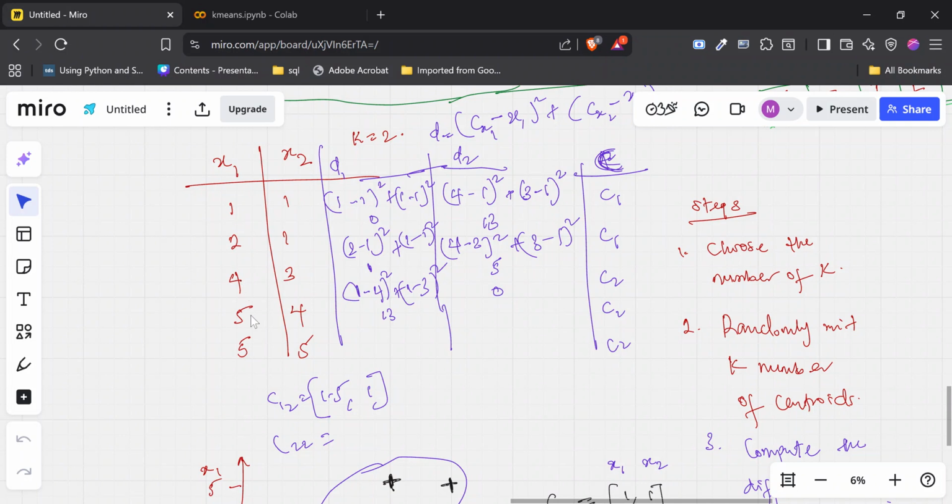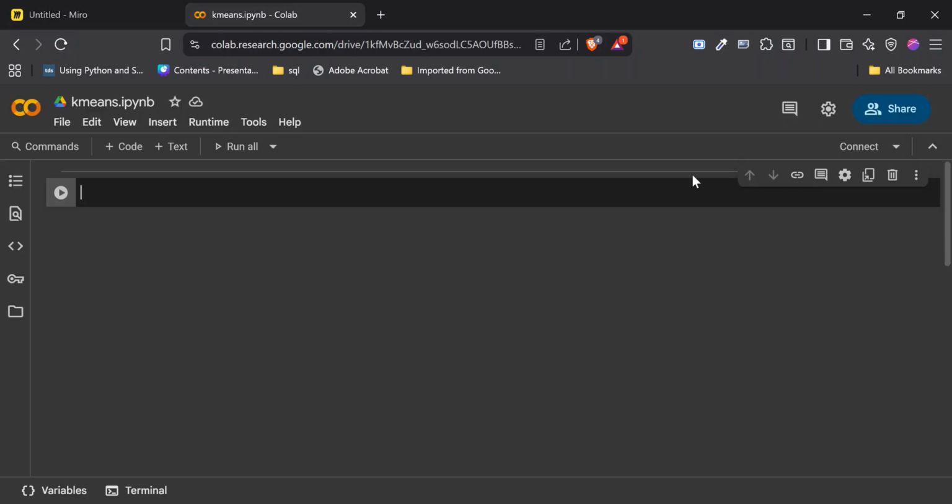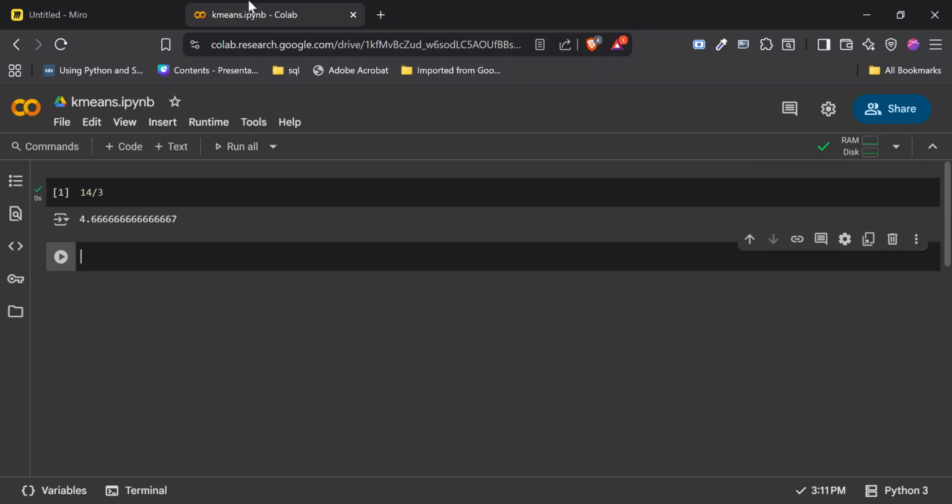So 5 plus 5, that is 10. 10 plus 4, 14. 14 divided by 3, I think that is going to be 4 point something, I guess. We can come here and check 14 divided by 3. 4.6.